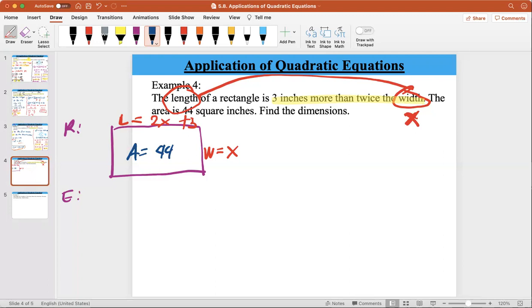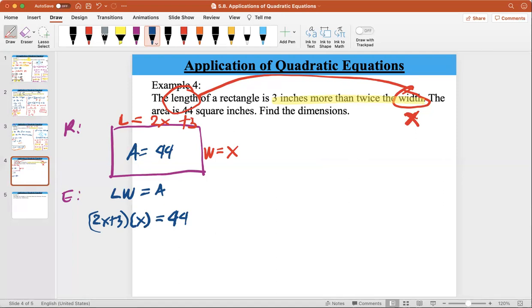The formula for the area is length times width equals A. But what's our length here? Length is 2x plus 3. How about the width? x, that's equal to 44. All right.